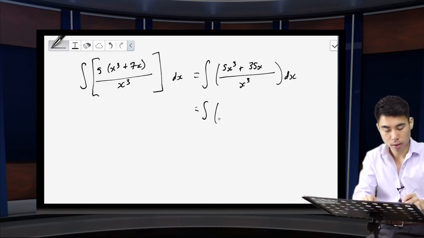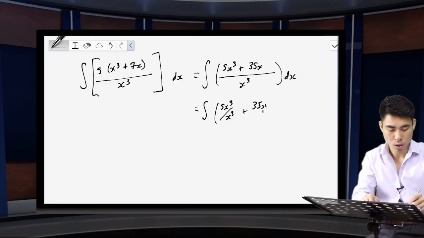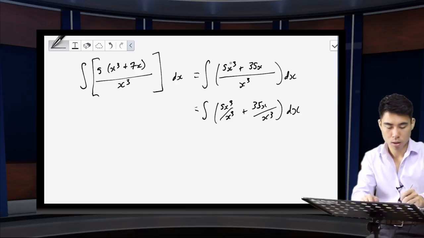So I have 5x cubed over x cubed plus 35x over x cubed. So just splitting up my fraction here such that I have, if you like, half of this numerator over the denominator, which gives me this, and then the second half of my numerator over the denominator, which gives me this one here.